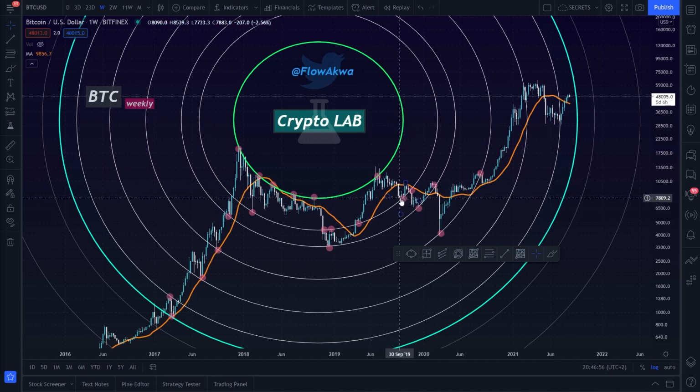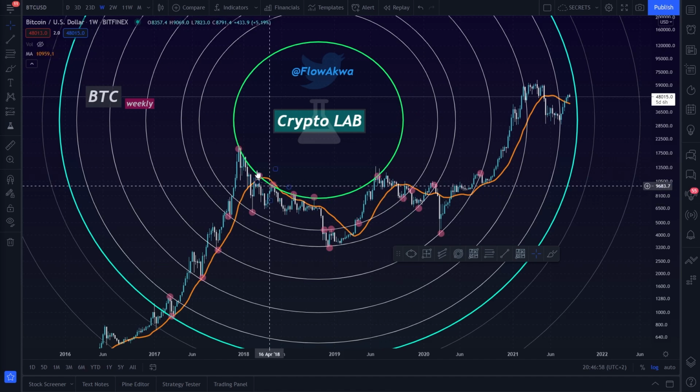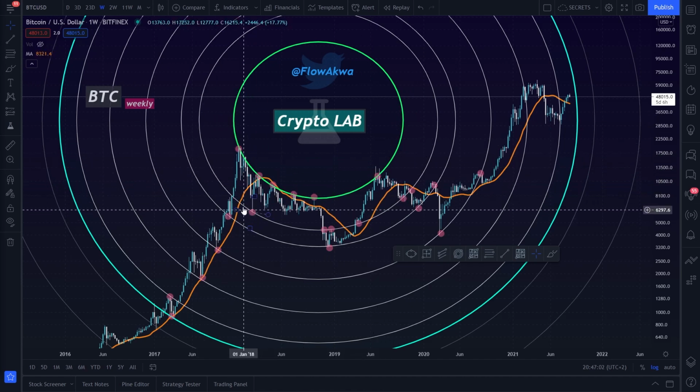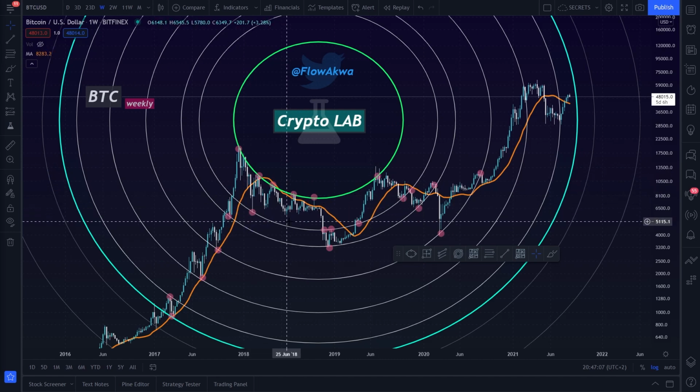Here it was a pivot point again. So we had this line. Now we have this one, and we can see that just by using this pivot point in the future, we have pretty accurate pivot points. Let's move on. Then we have this strong support.